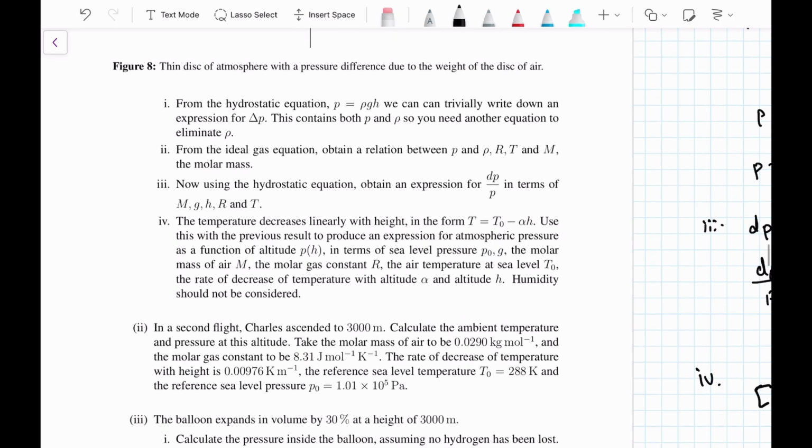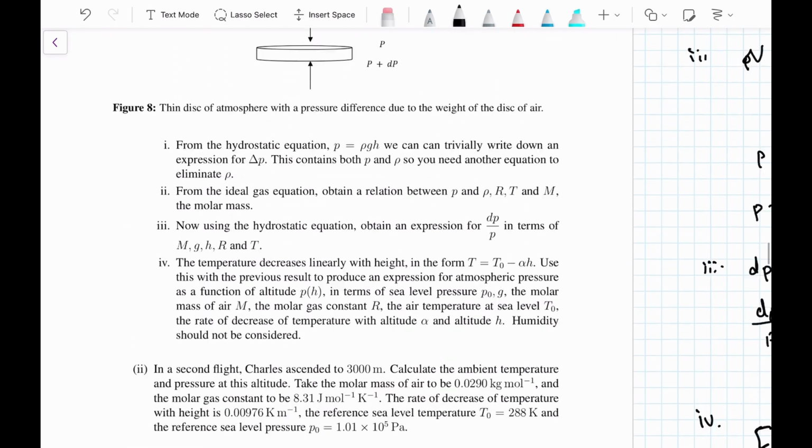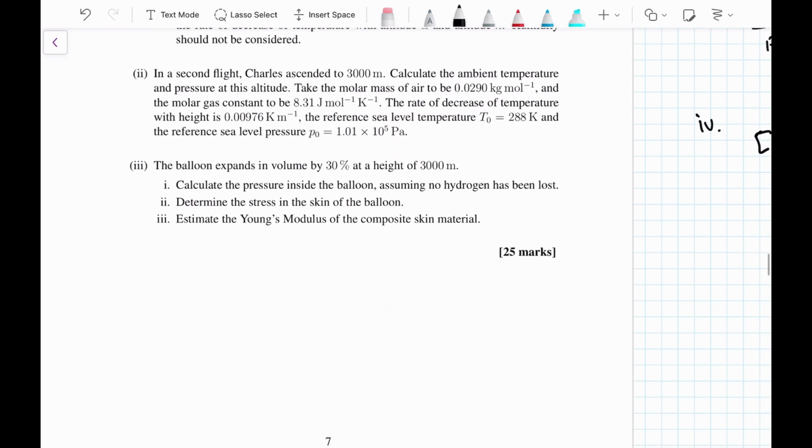We can just directly use the pressure from the second part. Well, I suppose the pressure inside the balloon is just the pressure of air outside of the balloon, because the pressure has to be balanced out in order for the balloon to remain inflated.